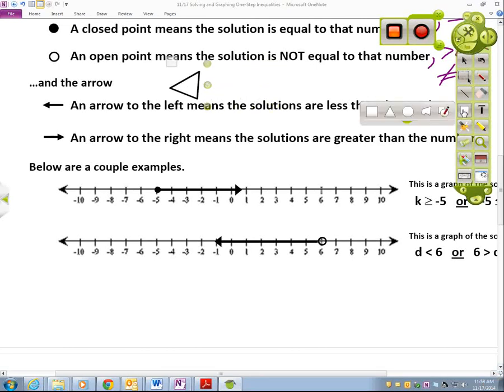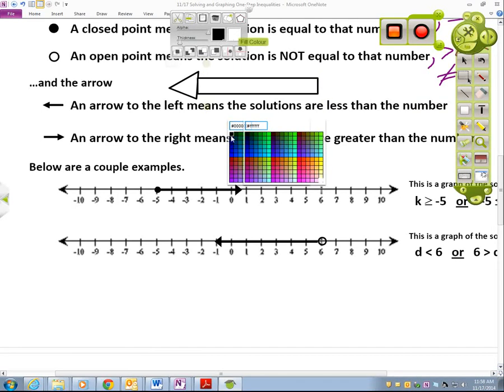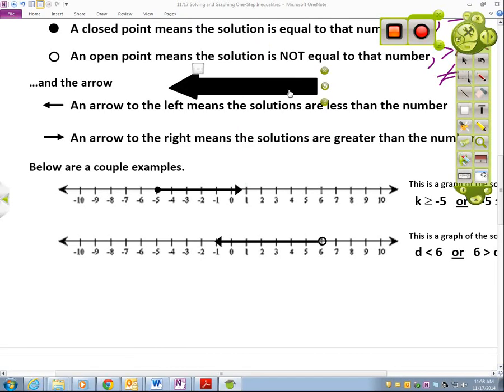I have a rectangle. Do you agree that it's an ugly version of it, but kind of what we're looking at?